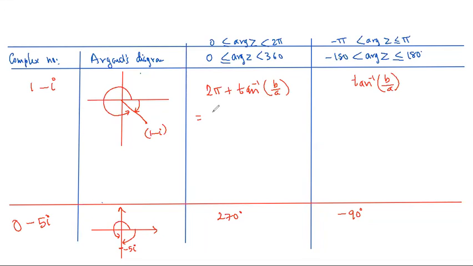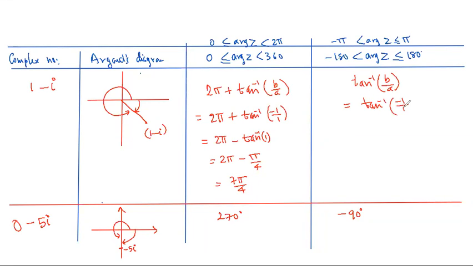So now if you replace, 2 pi plus tan inverse minus 1 upon 1, that is 2 pi minus tan inverse 1, 2 pi minus pi by 4, so 7 pi by 4. Here directly tan inverse b by a is minus 1 upon 1, so minus tan inverse 1. Which angle has tan equal to 1? 45 degrees. So minus pi by 4. So that is the answer for it.